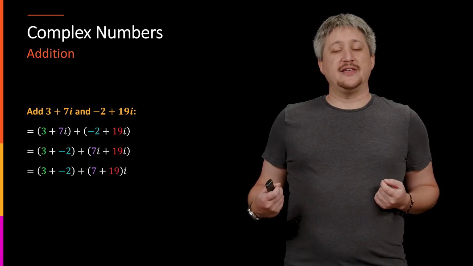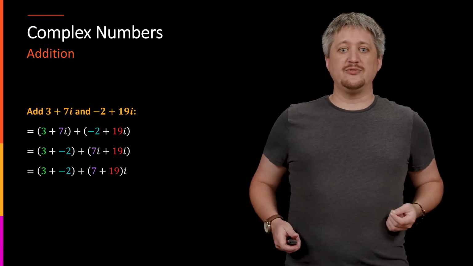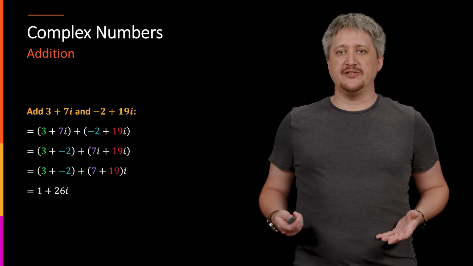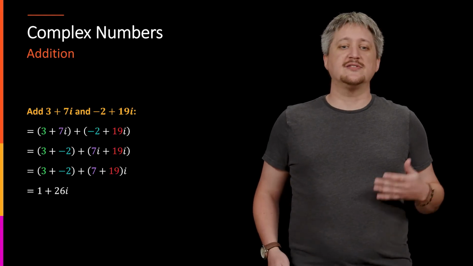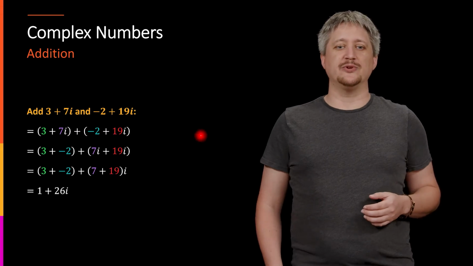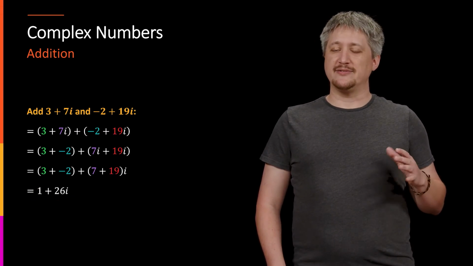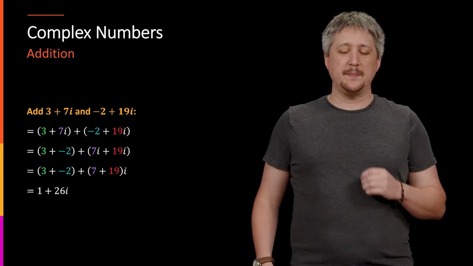Then we can factor out that i, just like it were an x or something, so we just have numbers and can put them together. The 3 plus negative 2 is 1, and 7 plus 19 is 26. So I end up with this nice a plus bi looking form, the real part plus the imaginary part times i. That's how we want to end up when we write a complex number.